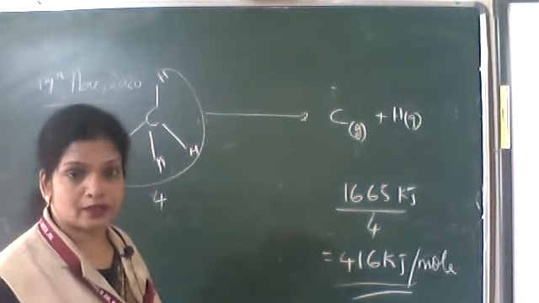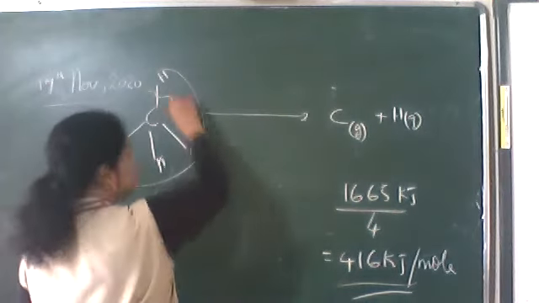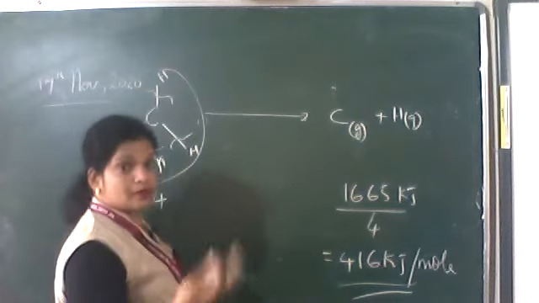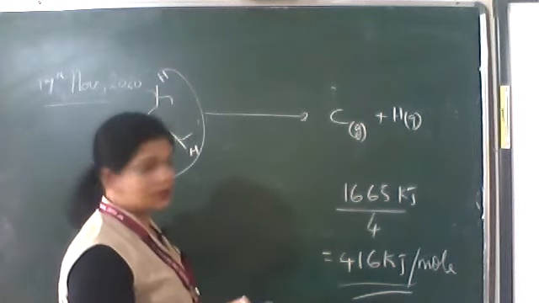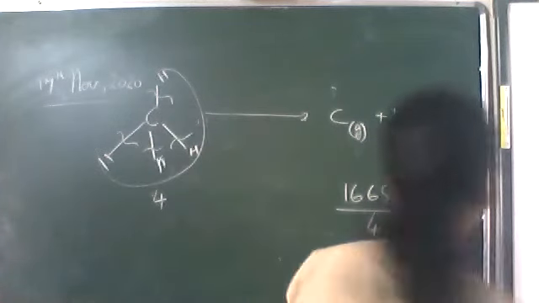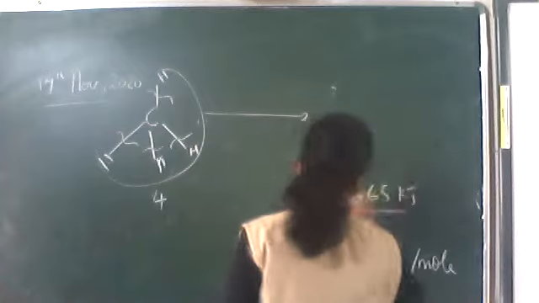That is the average. But for breaking these, different amounts may be required. Let's say average is 416, but individually, what is that?